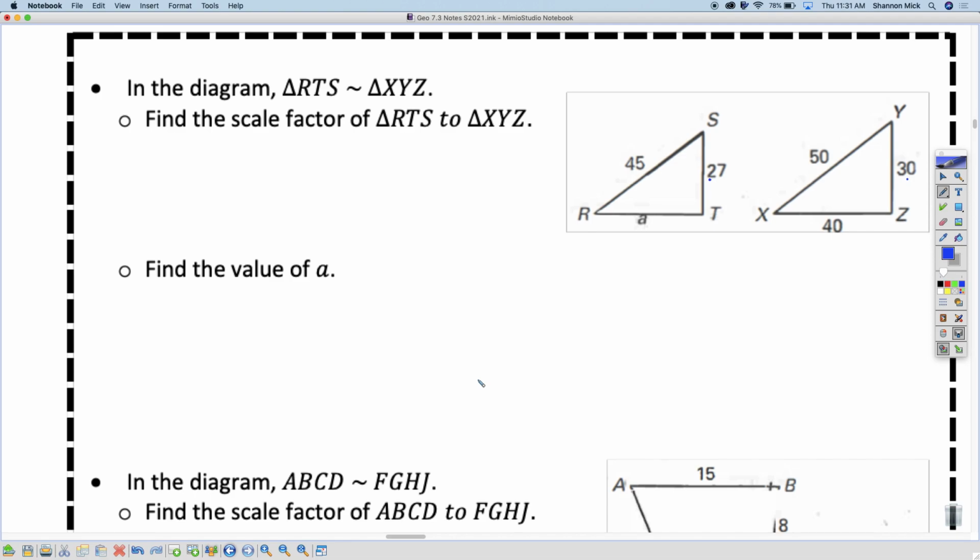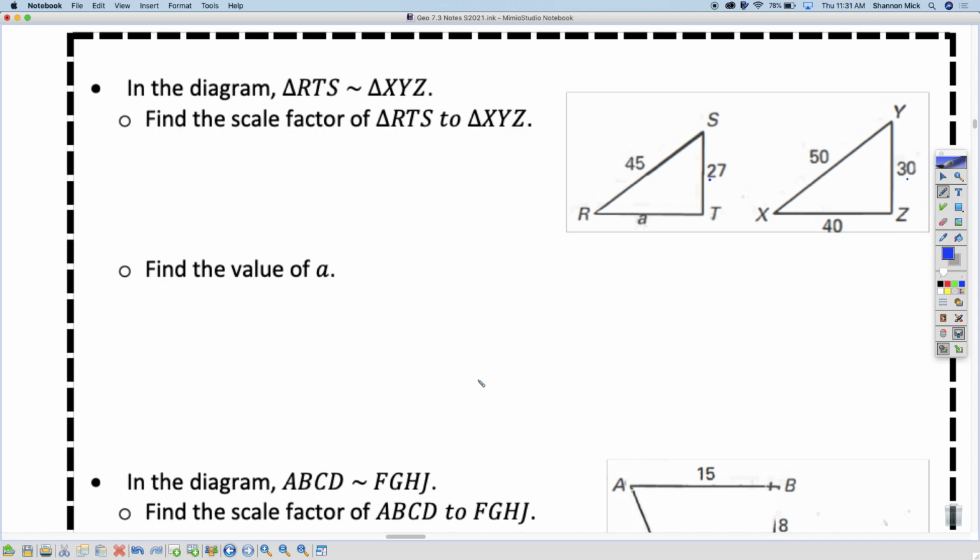If I read that similarity statement, do I know what sides are corresponding with what sides and what angles with what angles? Yes. Okay, so we want A. Let's just put A in the numerator of my scale factor, right? They tell me it's similar, so I don't have to check them all, but I'm going to just for practice.